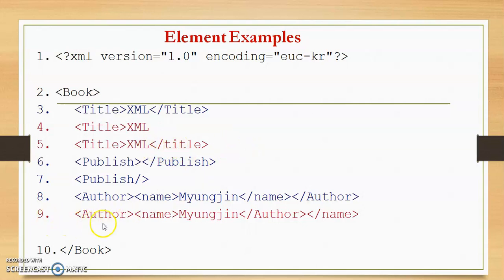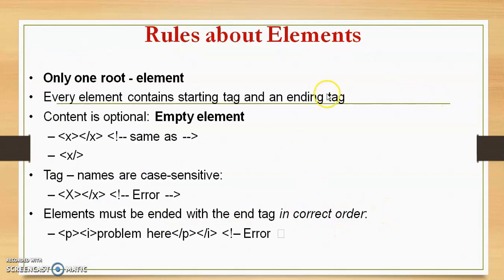And coming to the ninth line, the author element is there, followed by the name tag and the content, and it should close the name tag and then the author tag. So it's closed in the wrong order. It's not a correct statement. The rules about elements: there should be only one root element, and every element contains a starting tag and an ending tag.